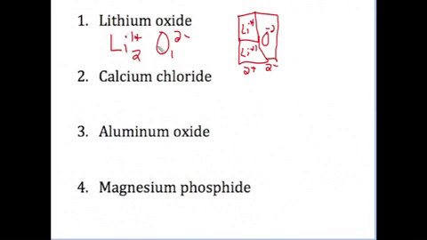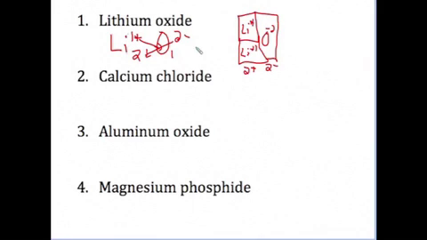One way that you can do that is by switching, taking the subscript from the charge up here and putting it down here, and putting this subscript down there. That sometimes will even it up. It doesn't always work. I'll show you an example later where it doesn't work. But the positives have to cancel out the negatives.